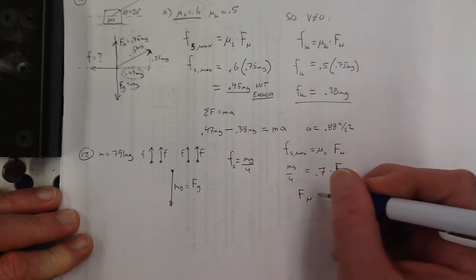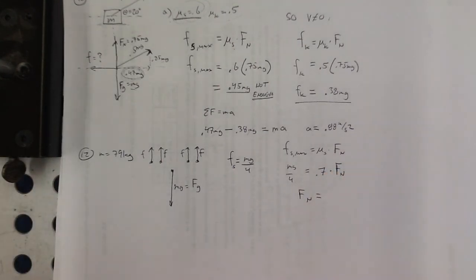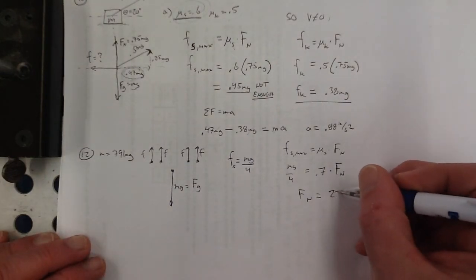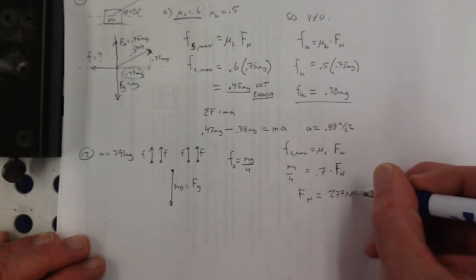So that's going to be, let's see, his mass, 79 times 9.8 divided by 4, and then I'm going to divide that by 0.7. That's about 277 newtons.